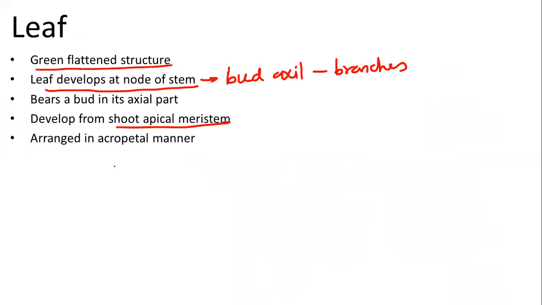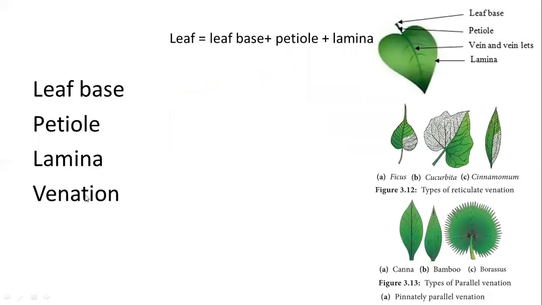It is arranged in an acropetal manner, one after another like that. So this is the basic characteristic of a leaf, right? When we talk about the parts of a leaf, it is made up of a combination of leaf base, petiole and lamina.